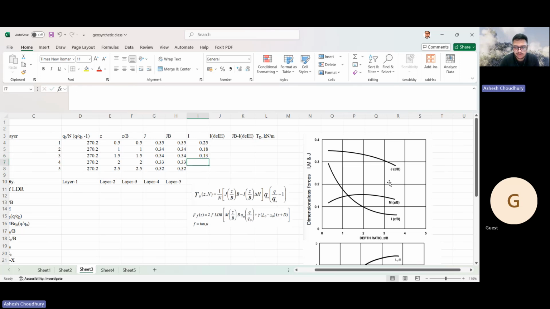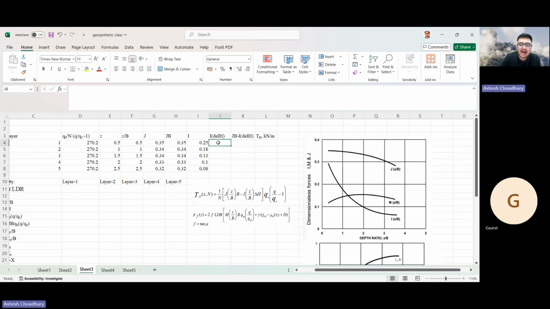So do it properly, take the scale and measure everything. When Z by B is 2, it is approximately 0.1. When Z by B is 2.5, it is approximately 0.08.